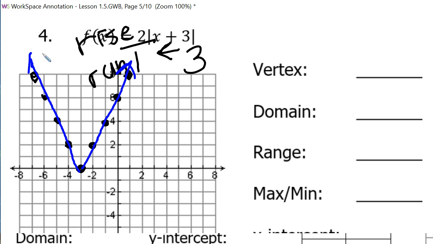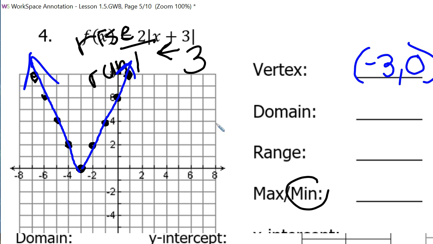Okay, what's the vertex? Negative 3, 0. Is it the maximum or minimum? Why is it the minimum? It's the lowest point. Domain, what's the domain for all of these? Negative infinity to positive infinity. What does range mean?